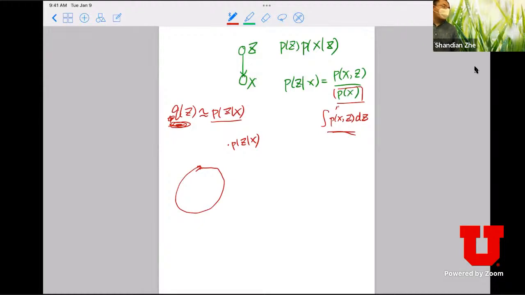Conceptually, you can view this integration or marginalization problem as now turned into an optimization problem, because I want to optimize the approximate distribution to find the one which is as close to the true posterior as possible.